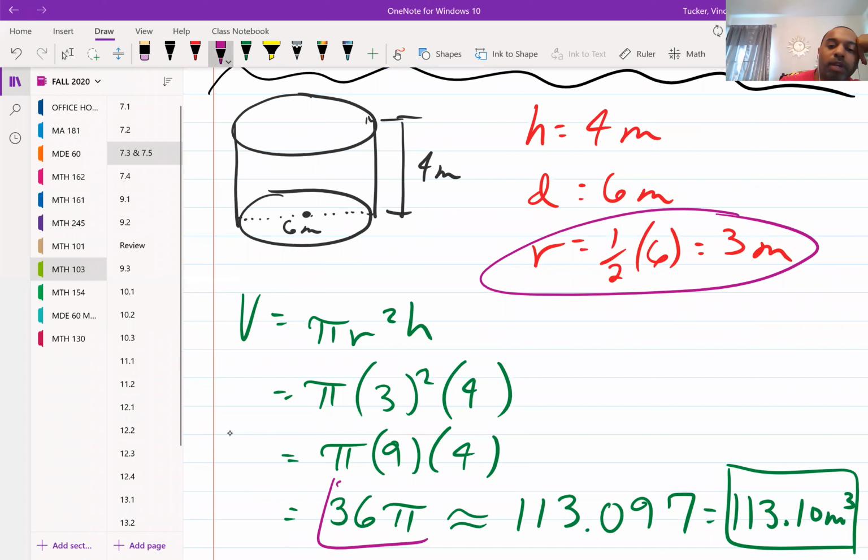Once again, here we have that exact answer. Then 36 times pi is 113.097. So always pay attention to your directions, see what decimal place they want you to round to. If they ask you for the 100th place, but you put the 10th place, they're going to mark it wrong. So make sure you're careful with that.